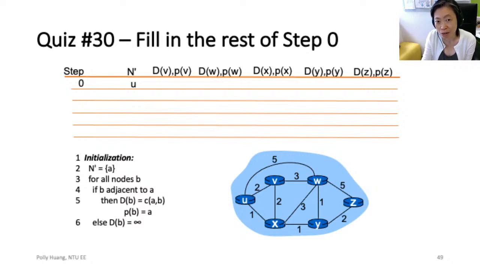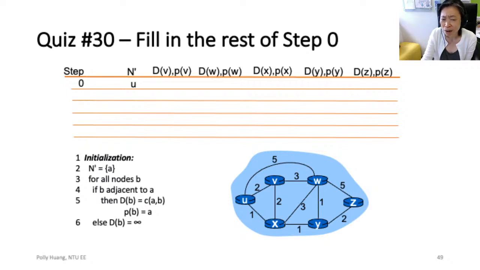So N prime here, you see in step 0 we already included u. Okay, could you complete and fill in the rest of step 0? Could you fill in for dv pv, dw pw, dx px, dy py, and dz pz, going through the second step of the initialization phase.